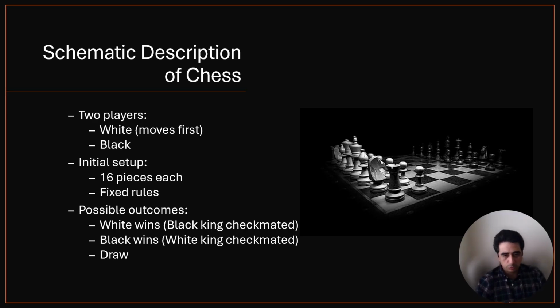We know how each piece moves. I don't want to repeat it because it's a little boring if I want to do that. And then there are three possible outcomes. You either have a win by white, that means the black king is checkmated, or a win by black, that basically means the white king is checkmated, or we can have a draw.